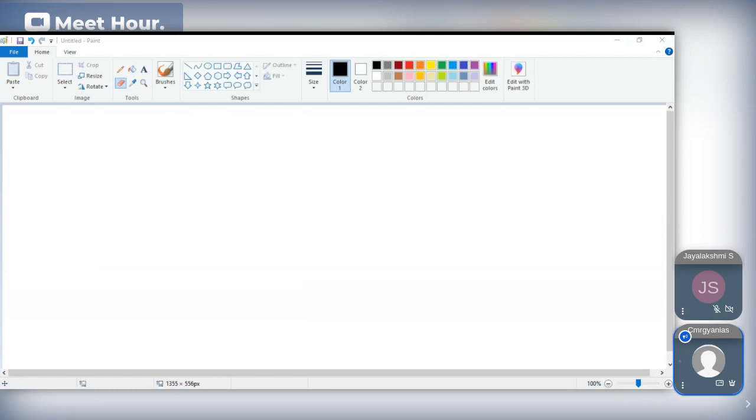So you can just write down permutation means always arrangement. Okay.